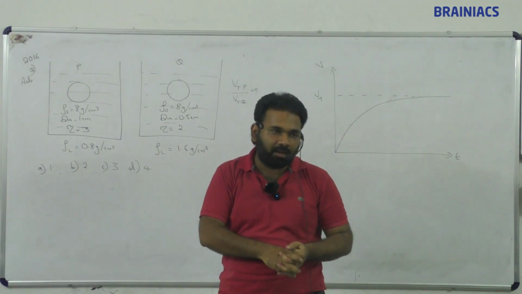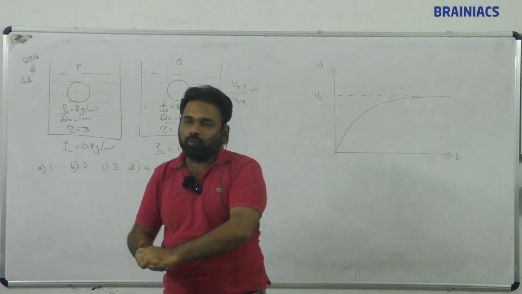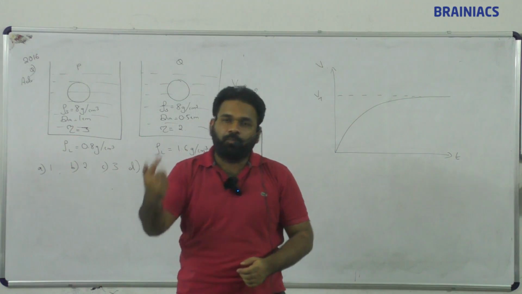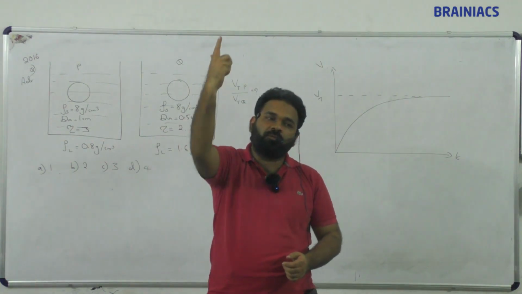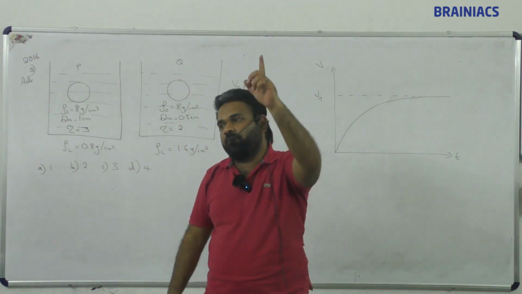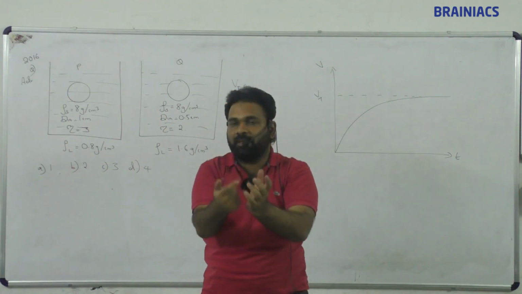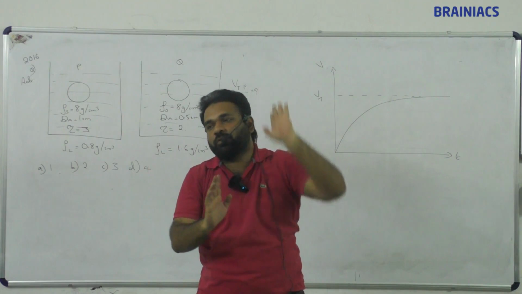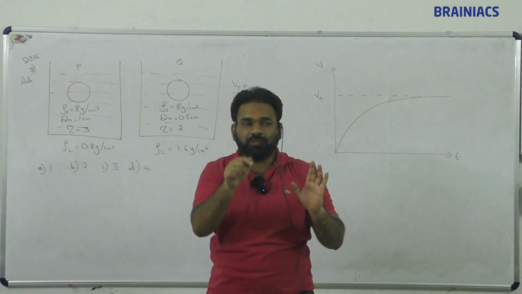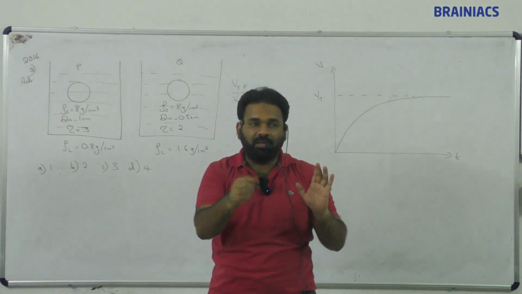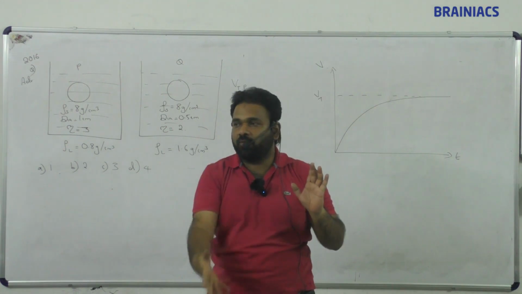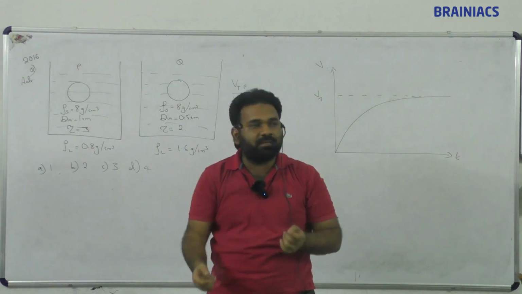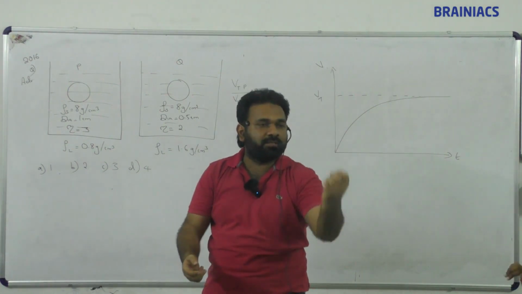Then we came to terminal velocity: upward force, buoyant force, and viscous force. A raindrop is coming, mg downward, buoyancy upward, viscous force is also upward. This viscous force depends on velocity. If acceleration is there, force is there, velocity will be increasing, and viscous force will keep on increasing.